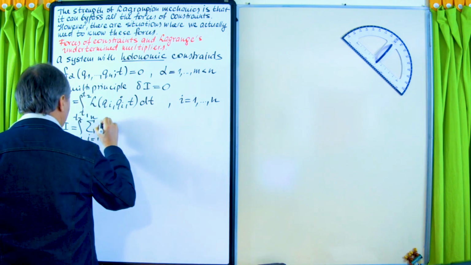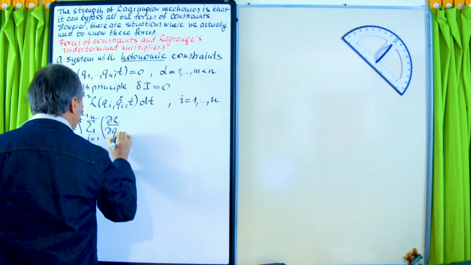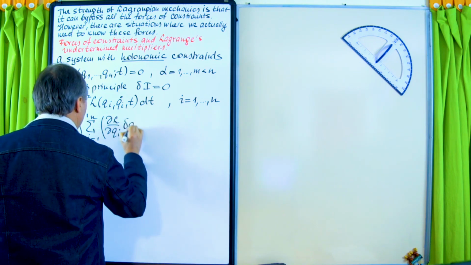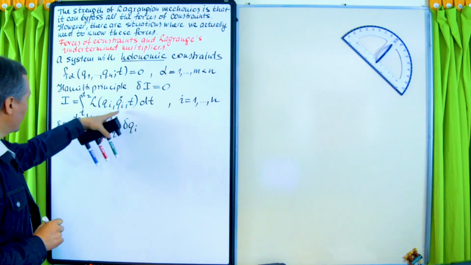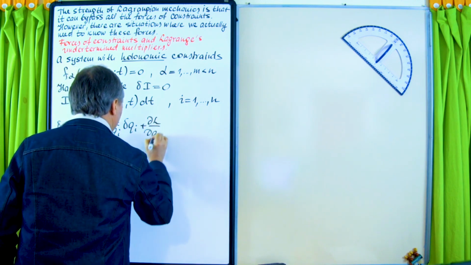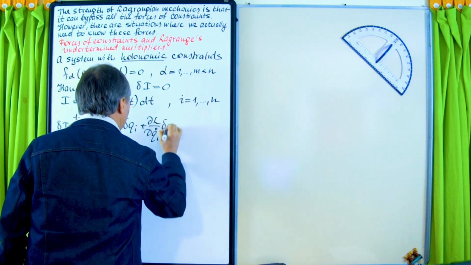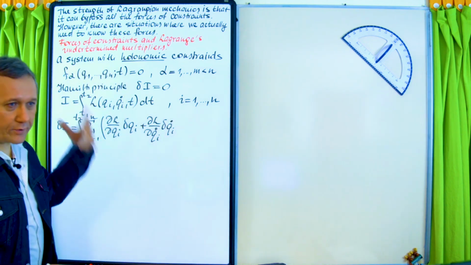So it will be the partial derivative of L with respect to q_i times the variation delta q_i, plus the partial derivative of L with respect to q dot_i times the variation of q dot_i. Of course, the variation of time is 0, right?